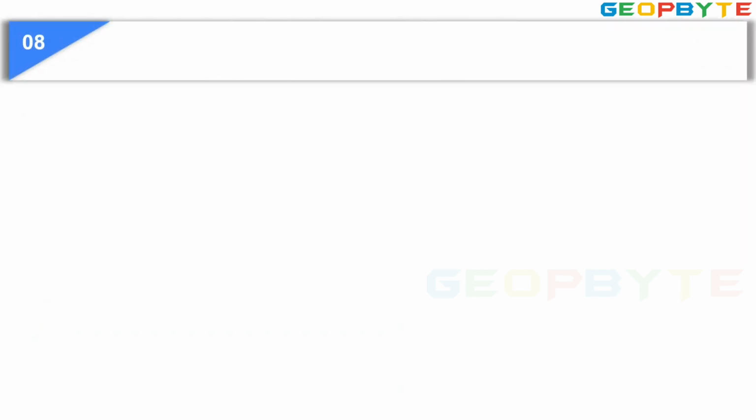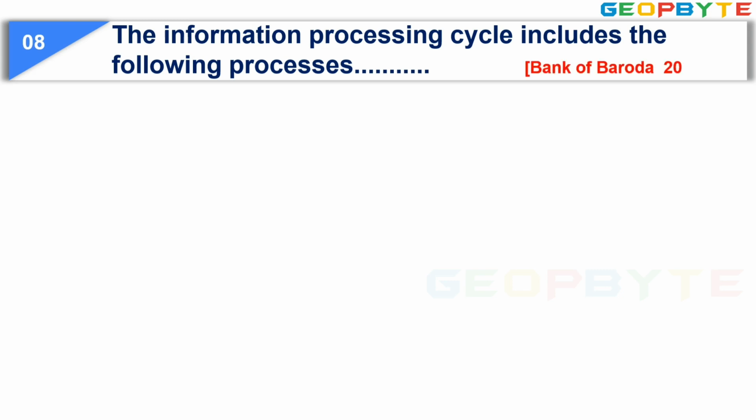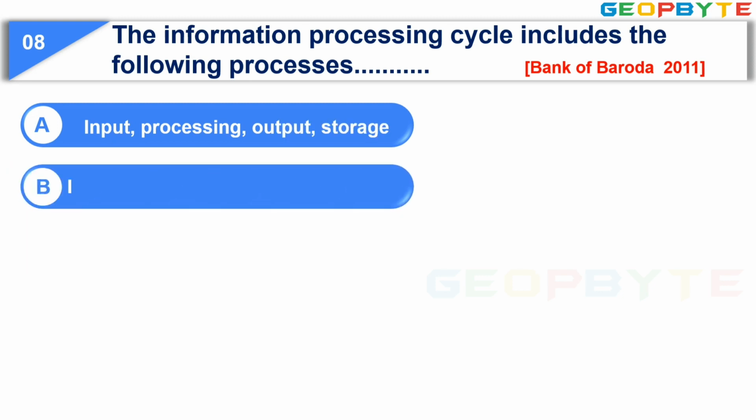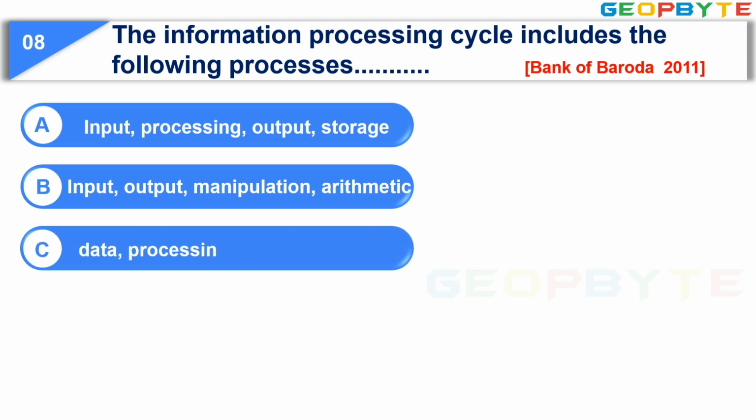Next, moving to question number 8. The information processing cycle includes the following processes. Option A, input, processing, output, storage. Option B, input, output, manipulation, arithmetic. Option C, data, processing, printing, editing.